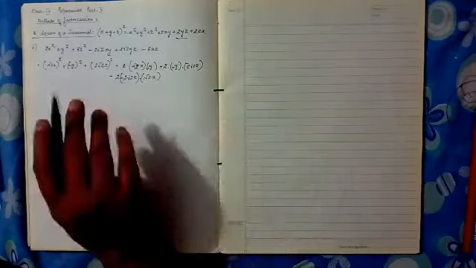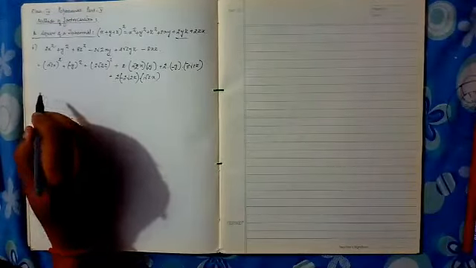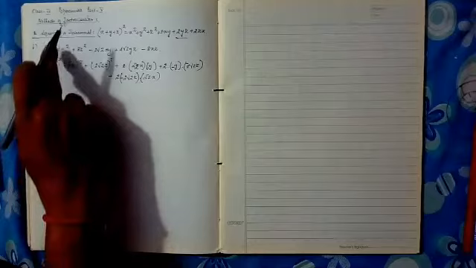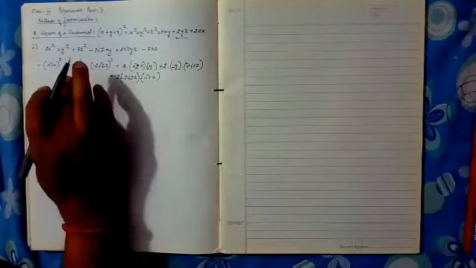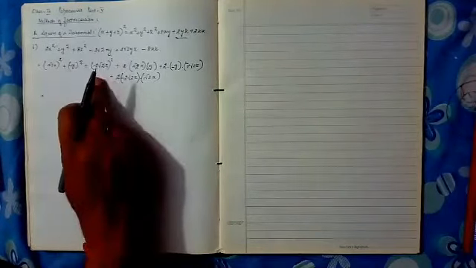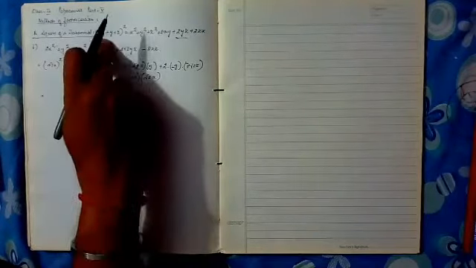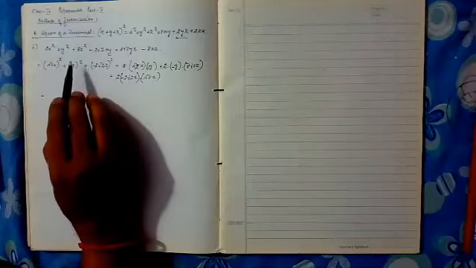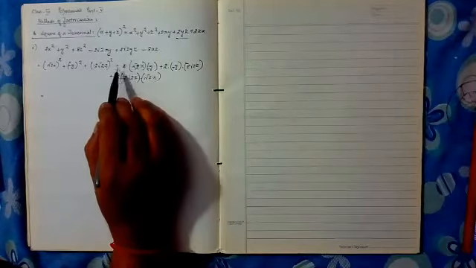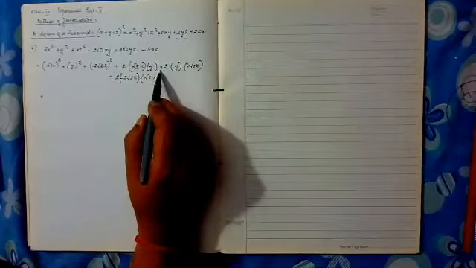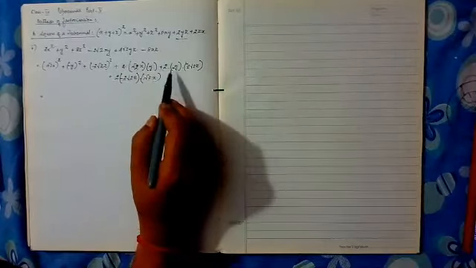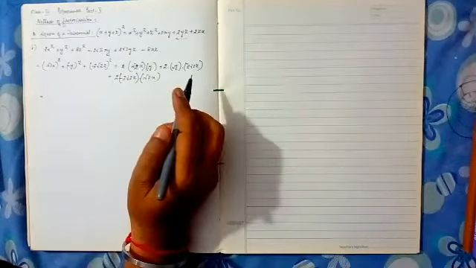So this is verified. Now this is equal to what we have seen, a square plus b square plus c square plus 2ab plus 2bc plus 2ca, or x square plus y square plus z square plus 2xy plus 2yz plus 2zx. What is that? (x + y + z) whole square.